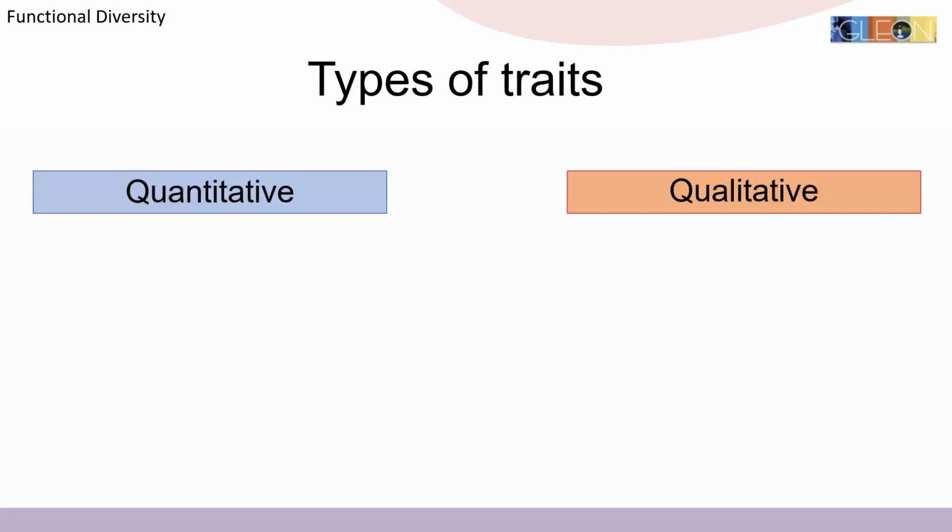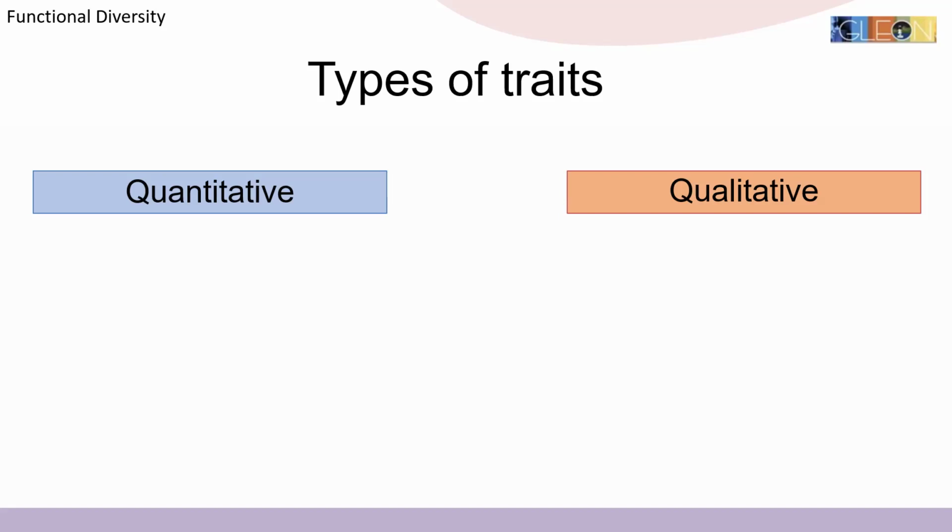We have lots of types of traits, and we need to know these ones because we are going to calculate our functional diversity based on distances that we are going to create. So to choose the distance to calculate our indexes, we need to know the nature of our traits.